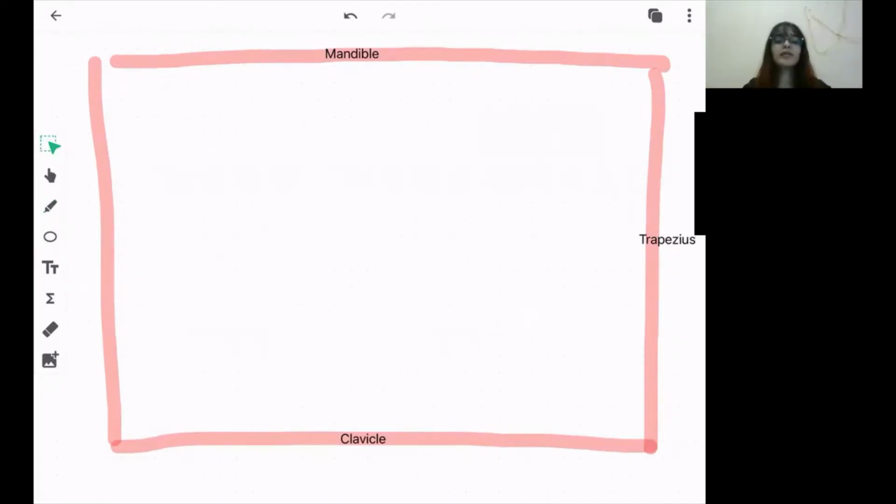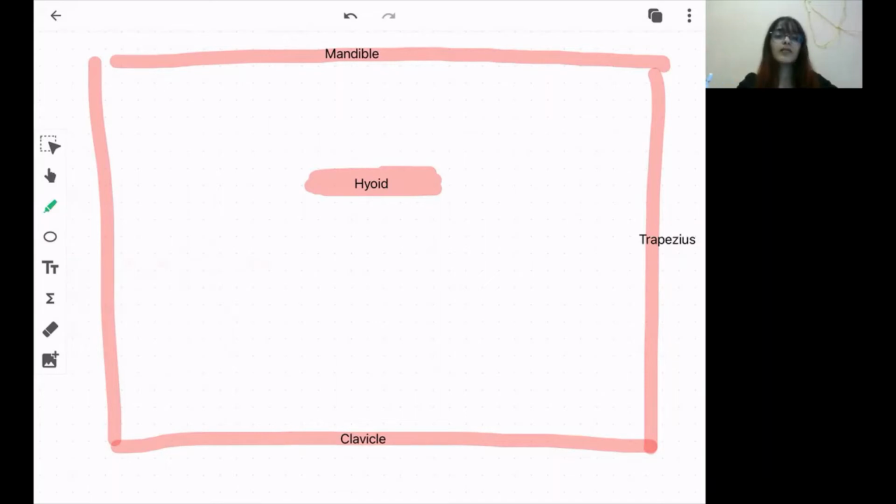So next, if you remember the muscles of the neck, they can be suprahyoid or infrahyoid. So here is present the hyoid bone. Let's also draw the muscle. First of all, the main muscle of the neck, the sternocleidomastoid.